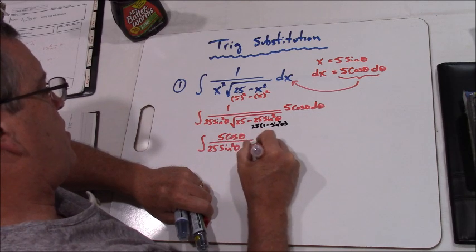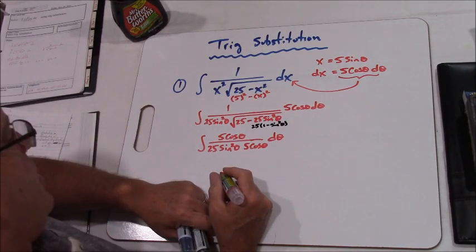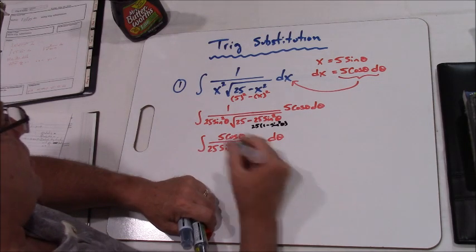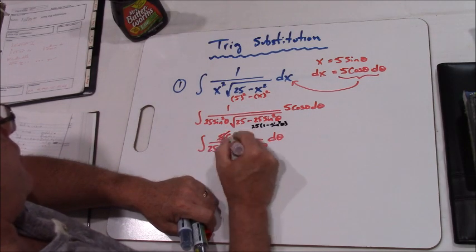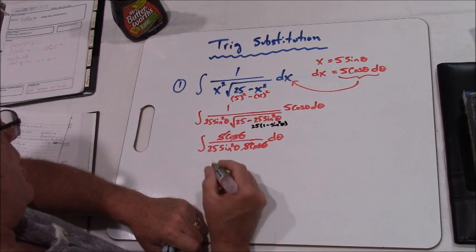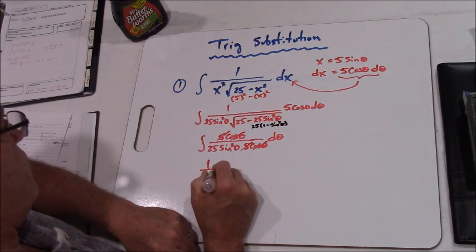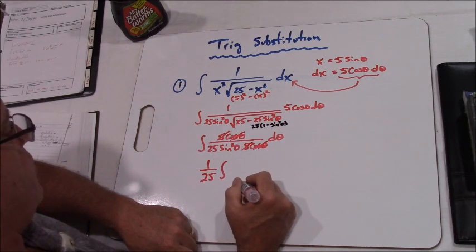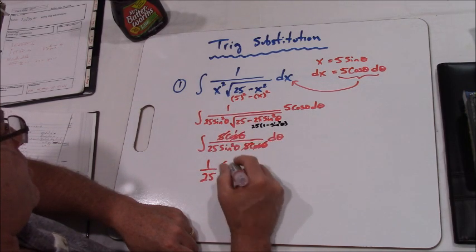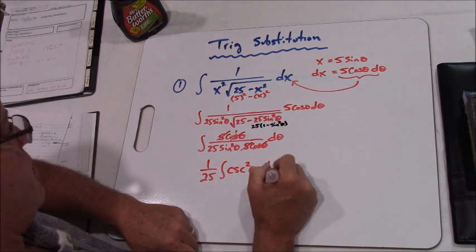So 5 cosine theta d theta. And so now I can cancel a few things, which is kind of nice. I can cancel the 5s, I can cancel the cosines, and I'll move this 25 to the outside. So what I have is 1/25 times the integral of, I'm left with a 1 up here, so 1 over sine squared theta. That would be a cosecant squared theta d theta.